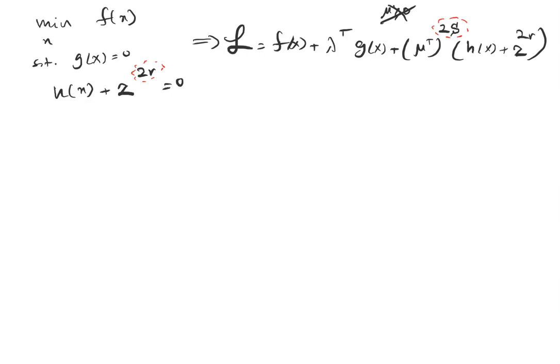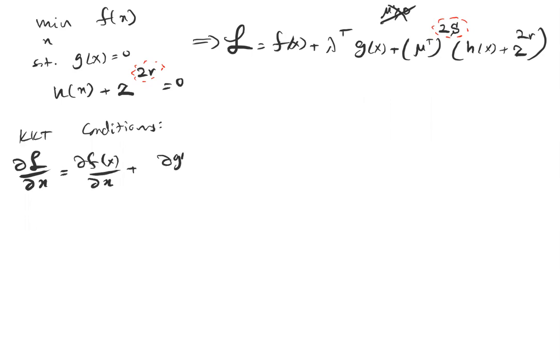So let's look at our KKT conditions. First one, the derivative with respect to x, lambda plus the derivative of the inequality constraint transpose, and here we have each of the mu's to power 2s.